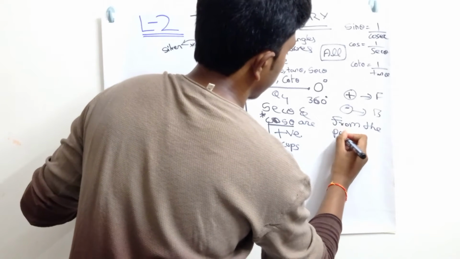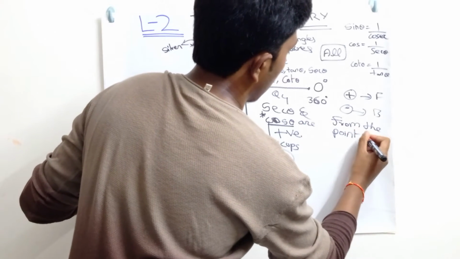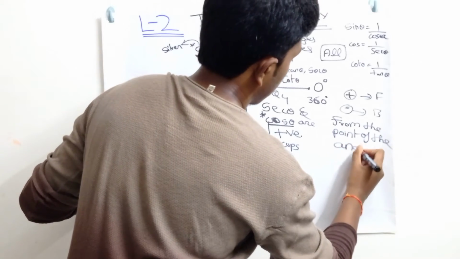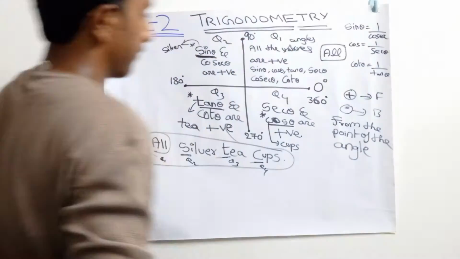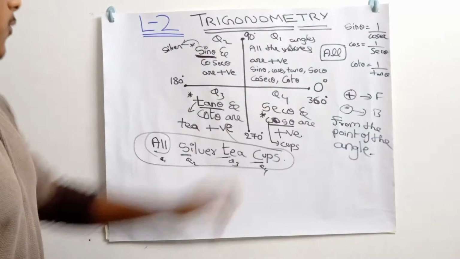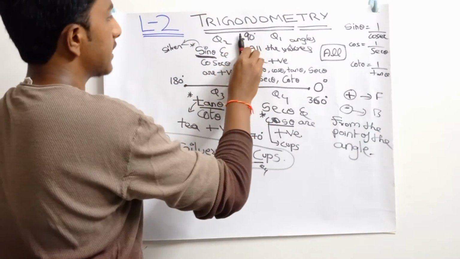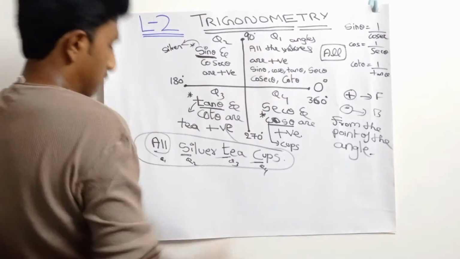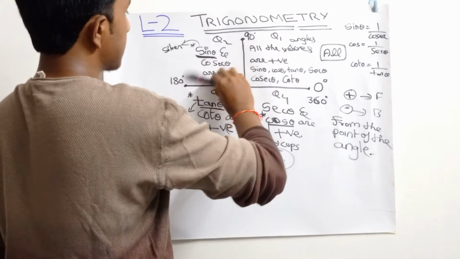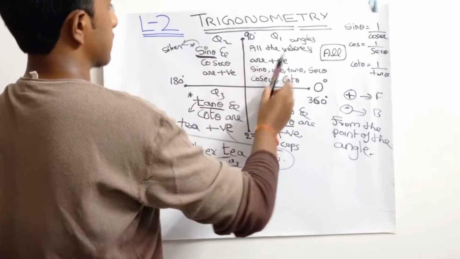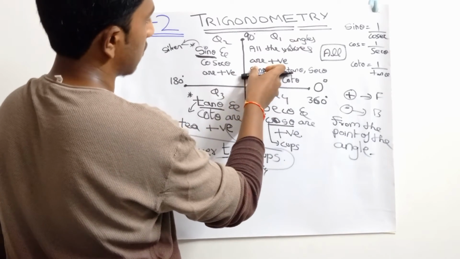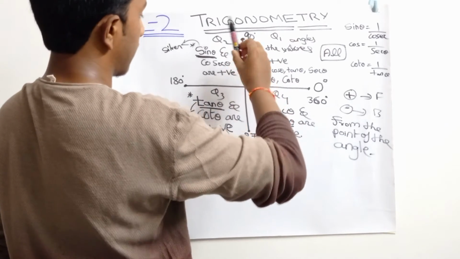From the point, that means this is the point from 90. 90 minus means backward, 90 plus means forward, 180 minus means backward, 180 plus means forward. 90 minus means first quadrant, 90 plus means second quadrant.